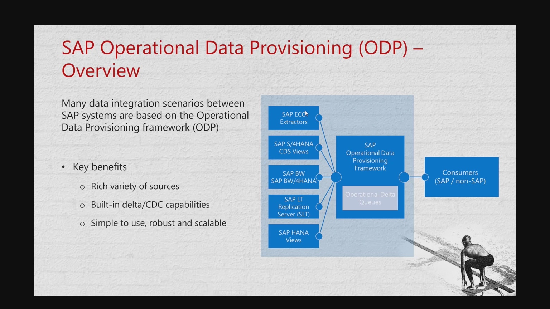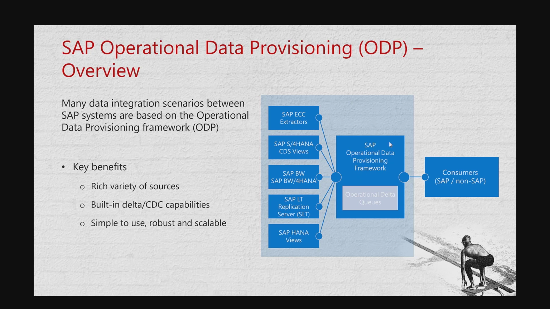And another very interesting aspect is the integration of the SAP LT replication server, or for short SLT, with the ODP framework. SLT is basically a trigger-based table replication engine, which can feed changes, inserts, updates, deletes on table level to consumers.